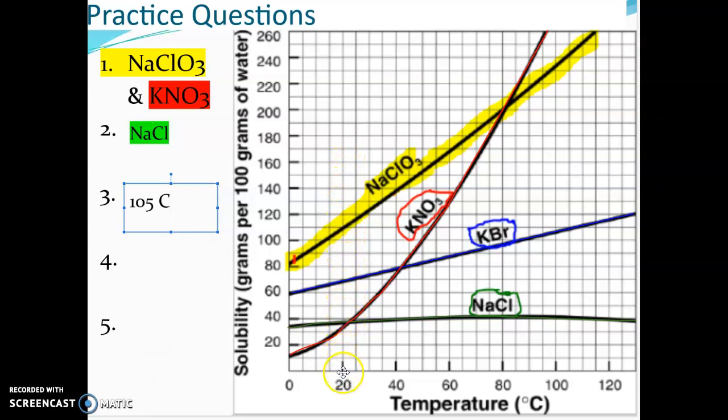So that is right here. So 20 degrees Celsius and 160 grams per 100 milliliters of water. Boom, right here. So this point is above the yellow line, and we know if we are above the yellow line, we are supersaturated. So number 4 is supersaturated.